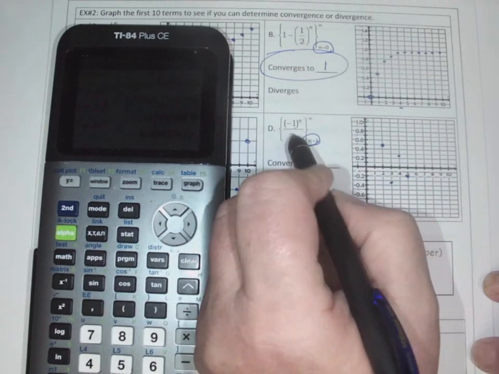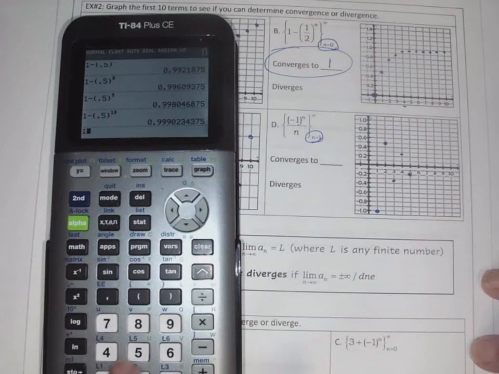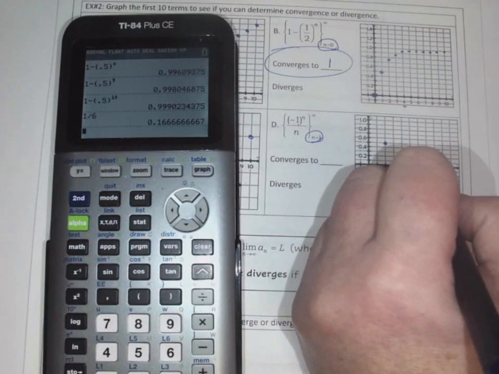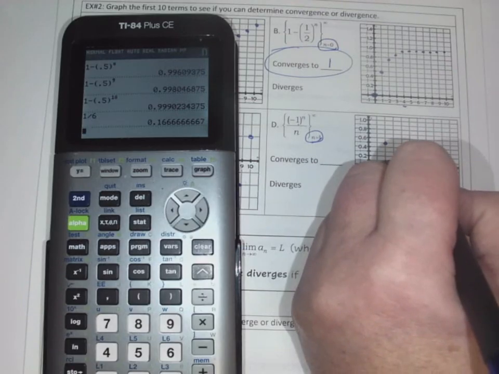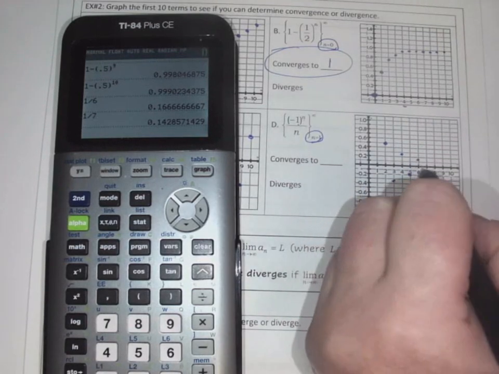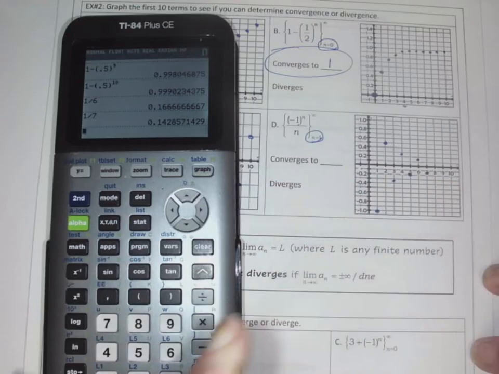Then +1/6, so I don't know what 1/6 is. 0.1666, so almost a 0.2. And then 7, what's 1/7? 0.142, now it's going to be negative. So it's about halfway there.